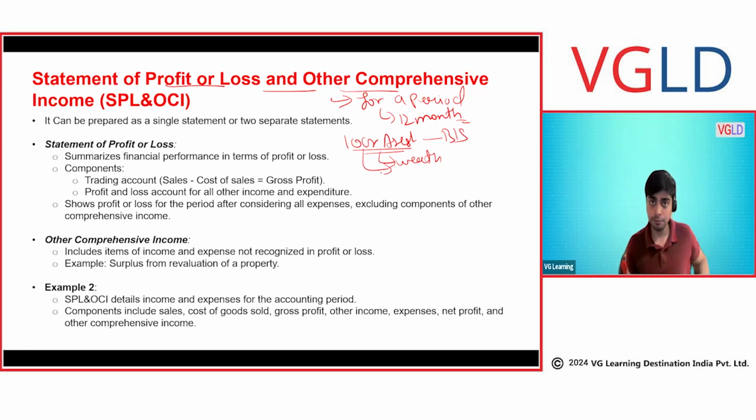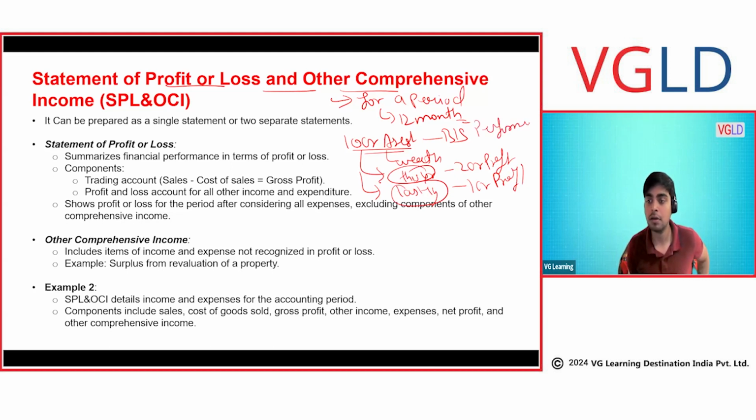But what if I tell you that using this 10 crore, I have generated this year 2 crore rupees of profit, and last year I generated 1 crore of profit. How much I have performed, how much I have earned over a year. To give a very simple example, I have a bank FD of 1 lakh.